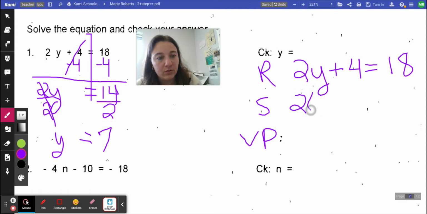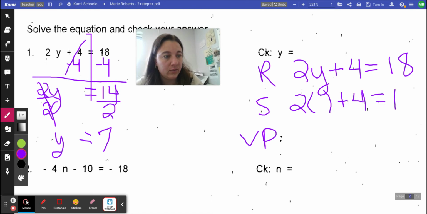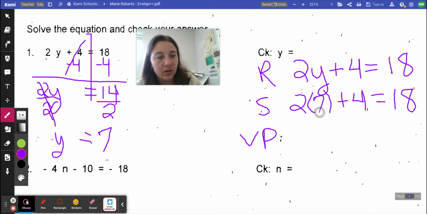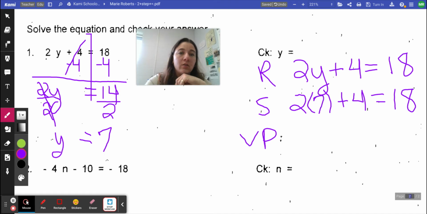S is for substitution, so I'm going to take the letter out. I'm going to hold that space open with a blank and some parentheses. You must use the parentheses. You might get away with it for some questions, but it's unsafe on some other questions. So better safe than sorry. Put the parentheses in because you should trust me.